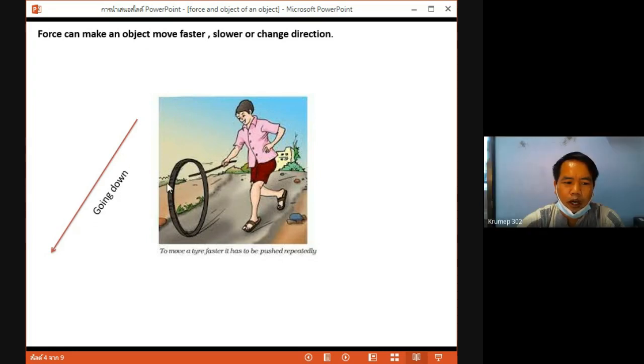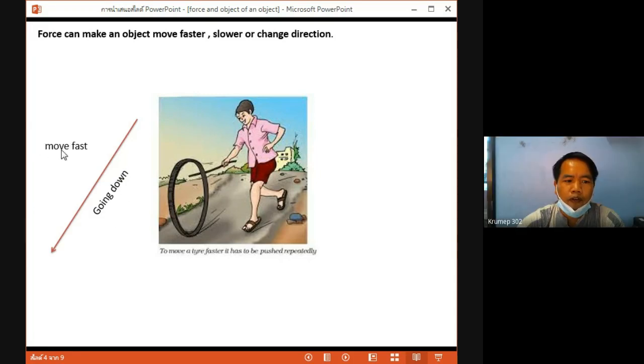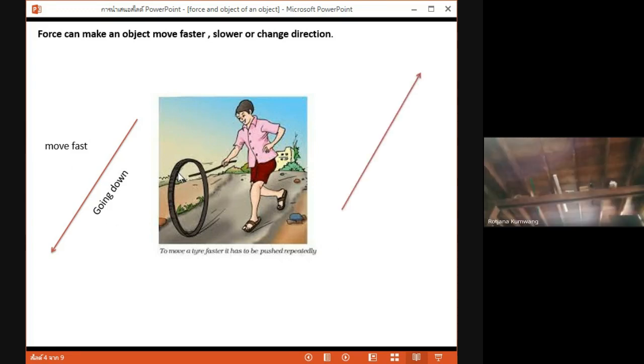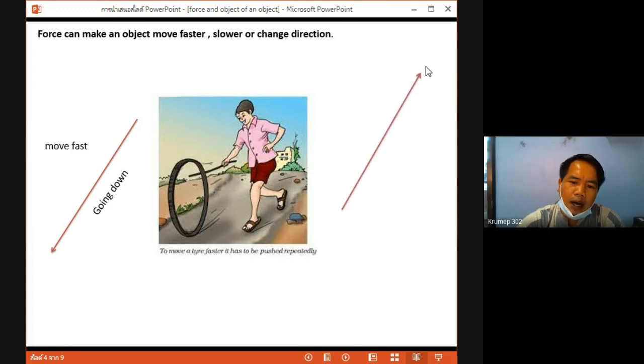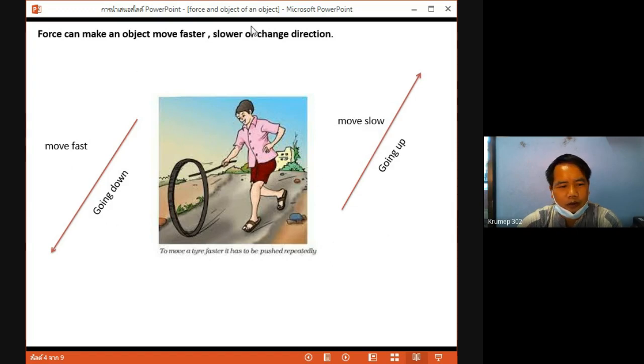If this one moves going down, it will move fast. And if the object moves up, going up, it will move slow. Okay, very good. And change direction.